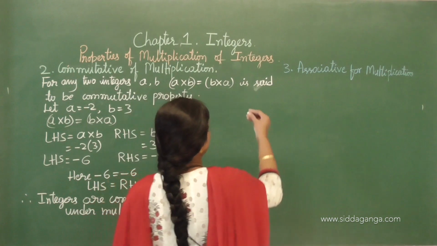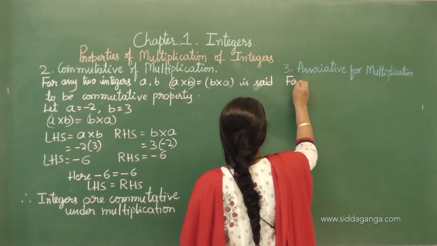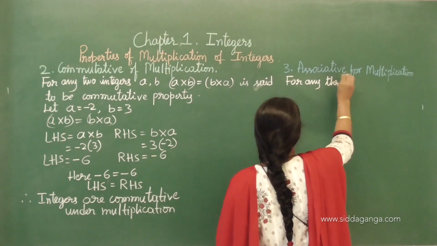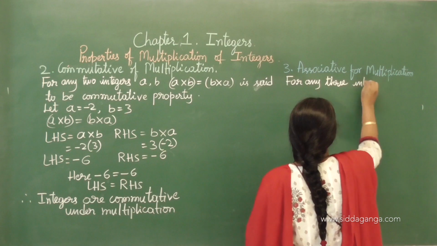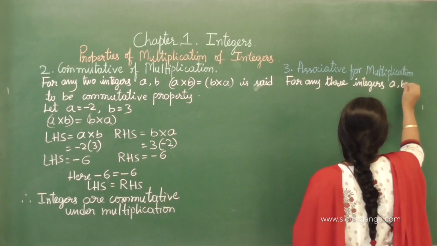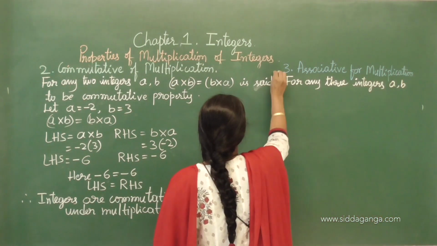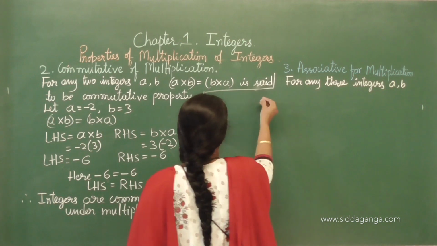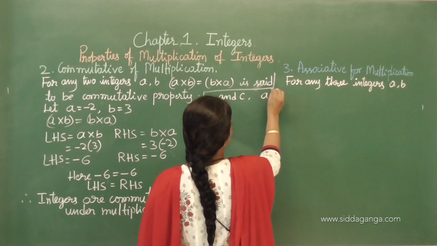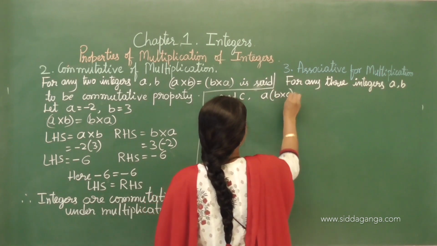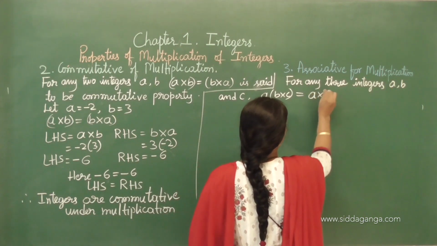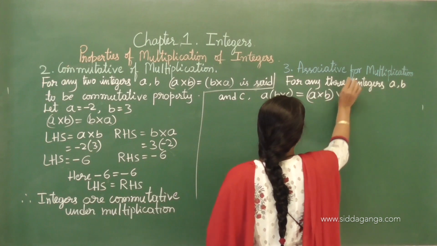Okay, so the condition is for any 3 integers a, b and c, a into b into c is equal to a into b into c.